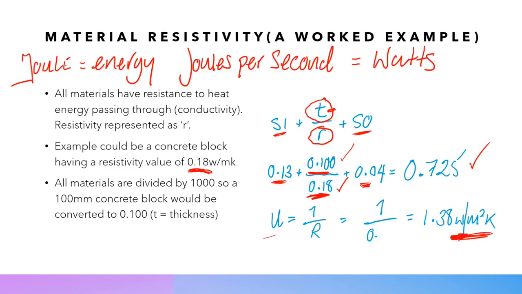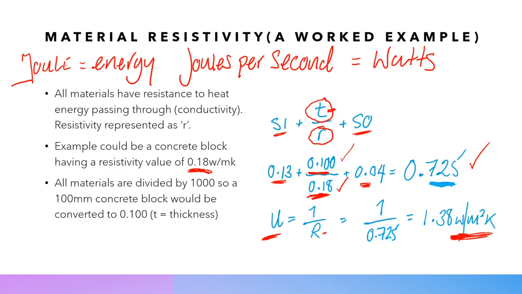So U, the U value, is equal to the reciprocal of 1 divided by R. This here is the answer to our equation. So 1 divided by 0.725 equals 1.38 watts per meter squared Kelvin.